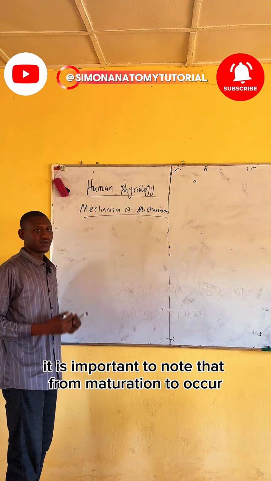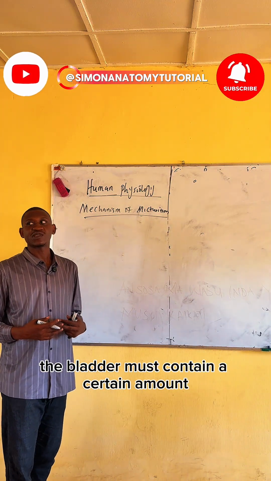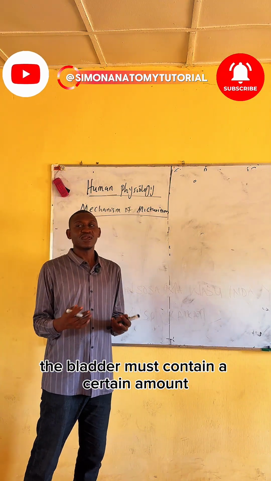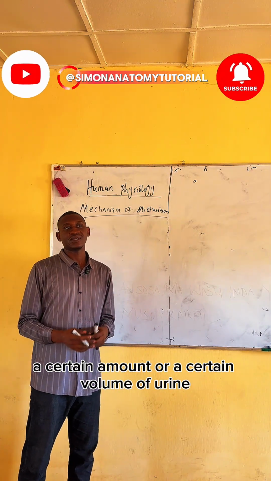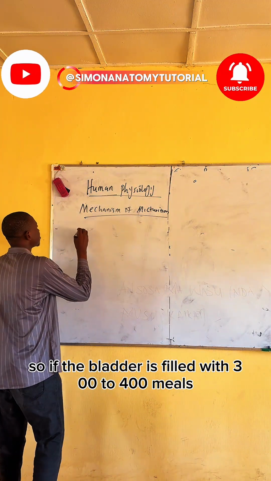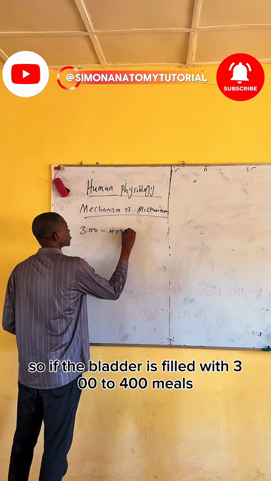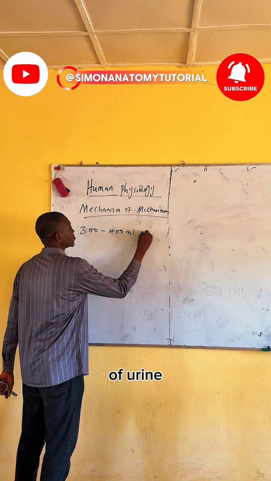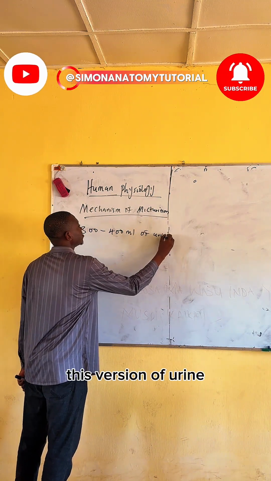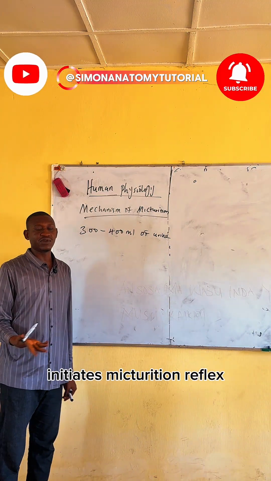It is important to note that for micturition to occur, the bladder must contain a certain volume of urine. So if the bladder is filled with 300 to 400 mL of urine, this volume of urine initiates the micturition reflex.